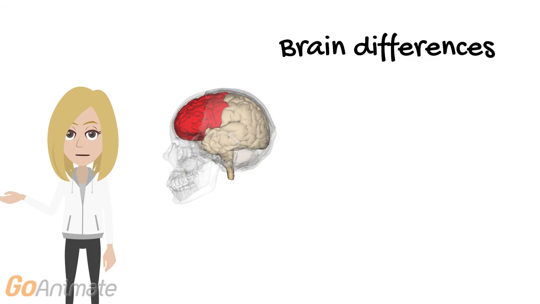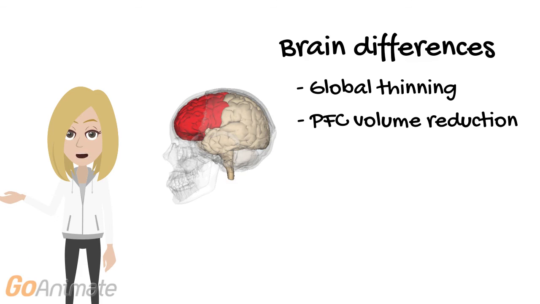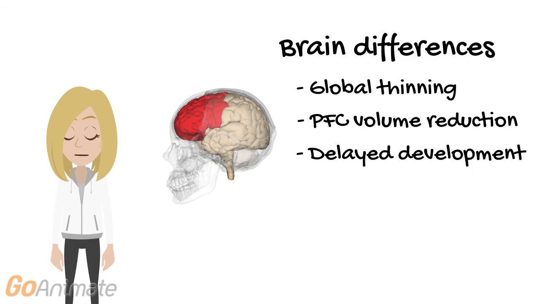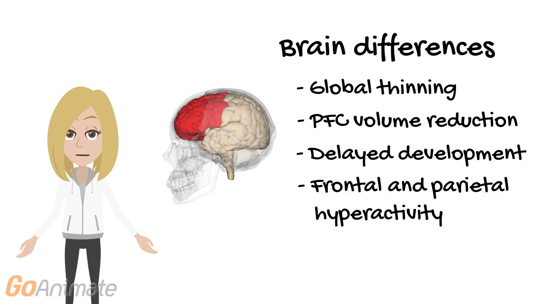From current research, we can see the prefrontal cortex shows predominant structural changes in people with ADHD. Specifically, this includes a thinning and volume reduction of the cortex, including prefrontal regions, as well as delayed development of these areas. When we look at the functioning of the cortex, we see that patients with ADHD presented hyperactivity in parts of the frontal and parietal lobes.